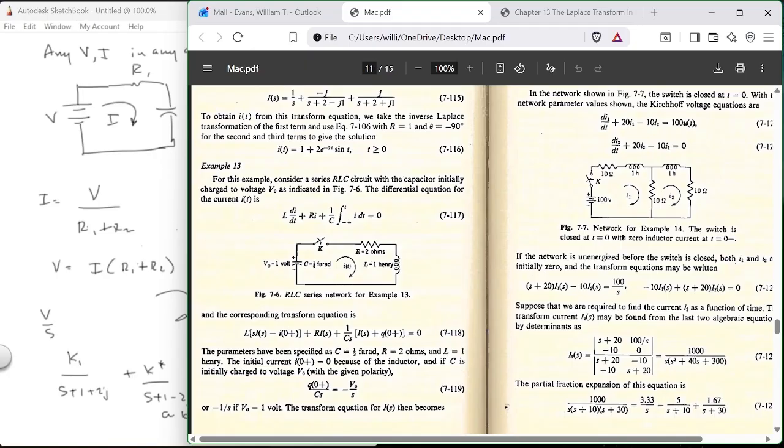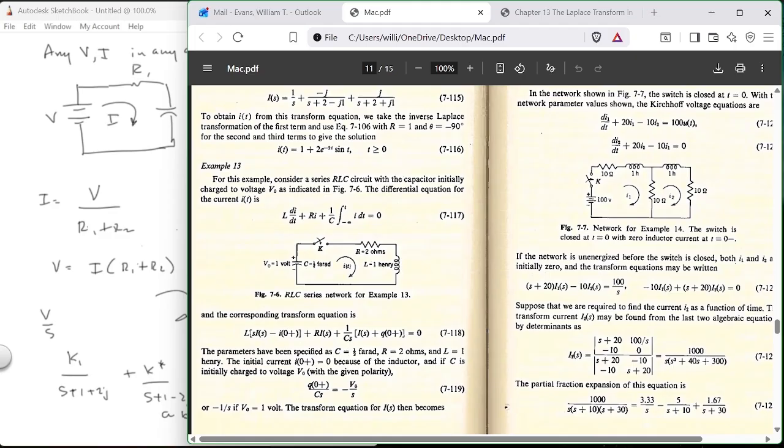L. Okay, so this is the basic equation for I in this circuit. In other words, you pre-charge, what's going to happen here?